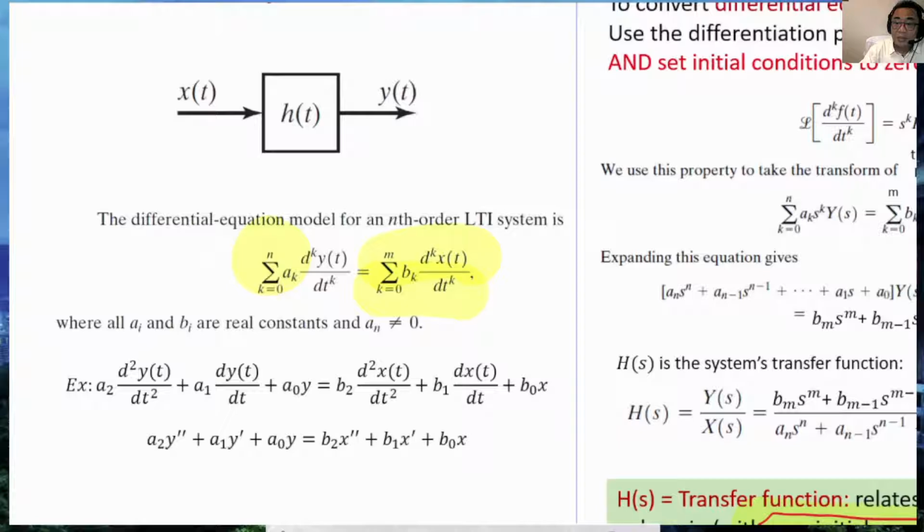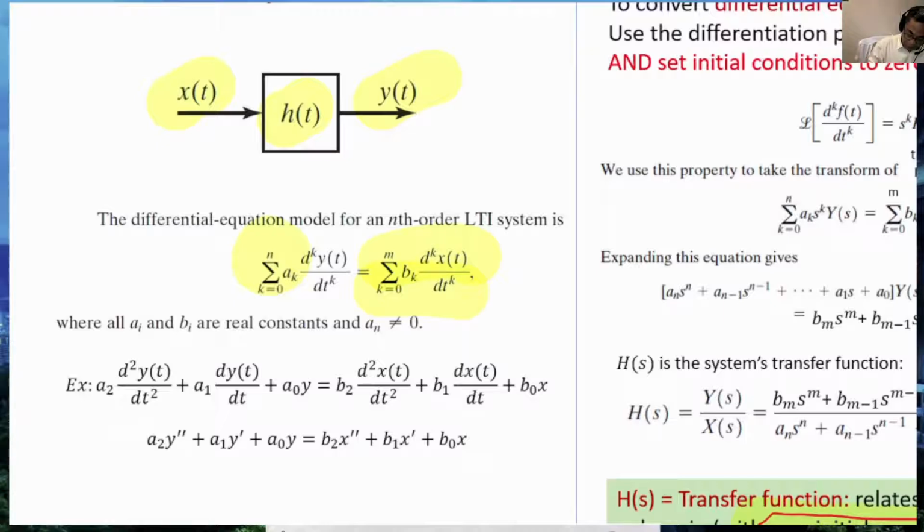We also have it with respect to its derivative up to m order, and in most of our cases m is equal to n or less than n. Alright, x is the input, y is the output, and h(t) is the impulse response of the system. So we have a differential equation describing this system.